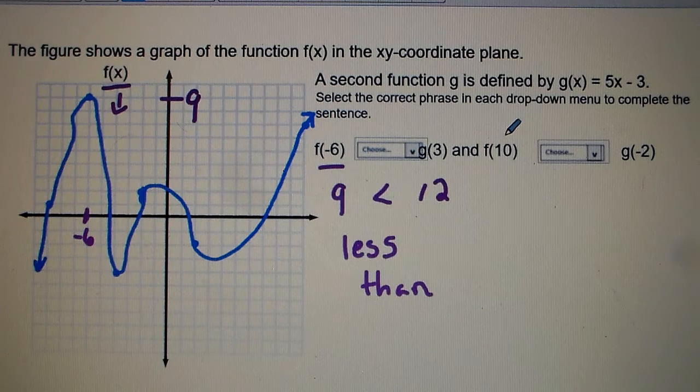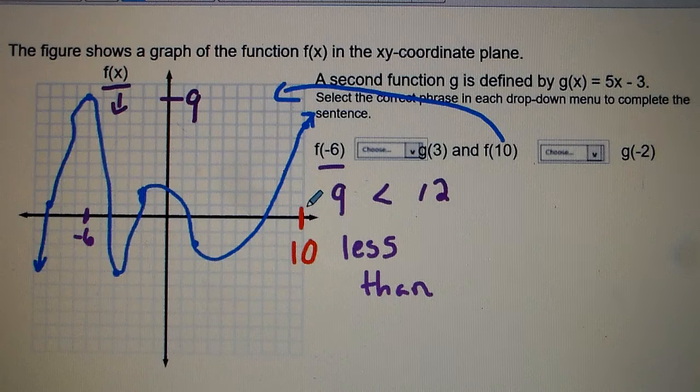F of 10. So when the function is at 10, I look at 10 on the function here. 1, 2, 3, 4, 5, 6, 7, 8, 9, 10. So what is the height of the function when x is 10? I go up 1, 2, 3, 4, 5, 6, 7.